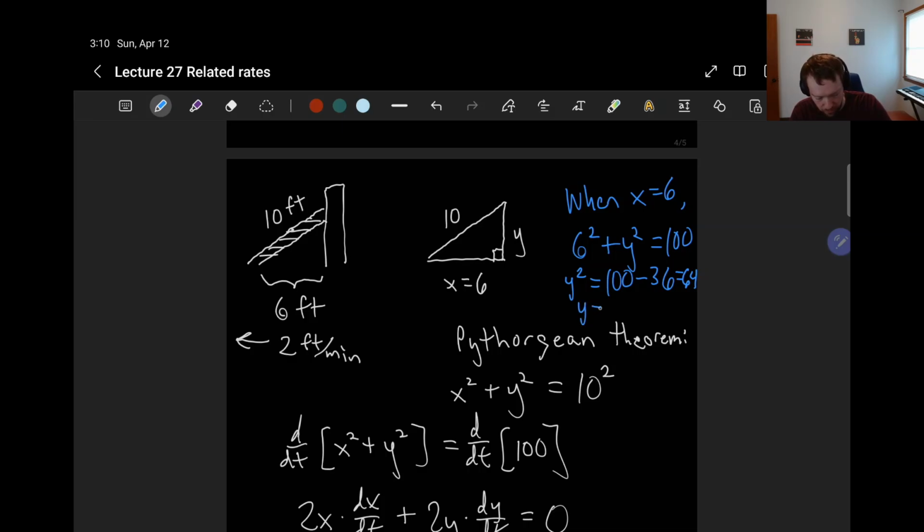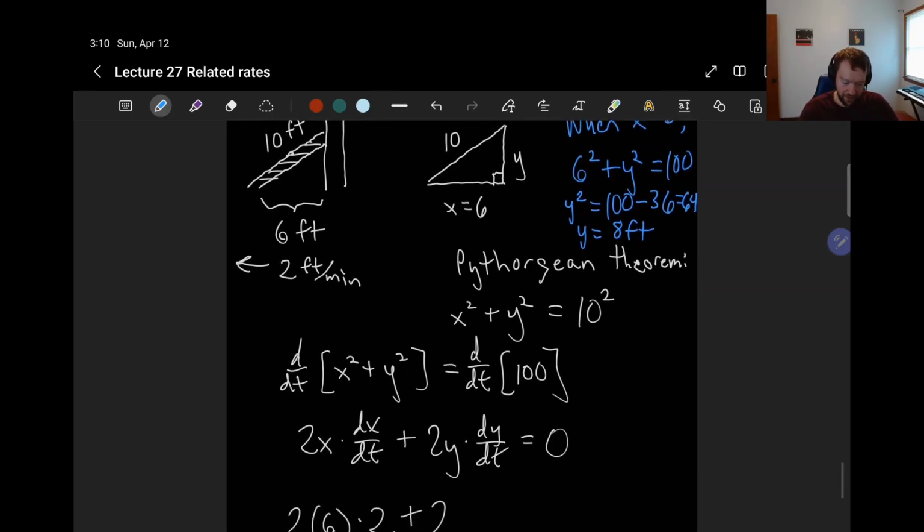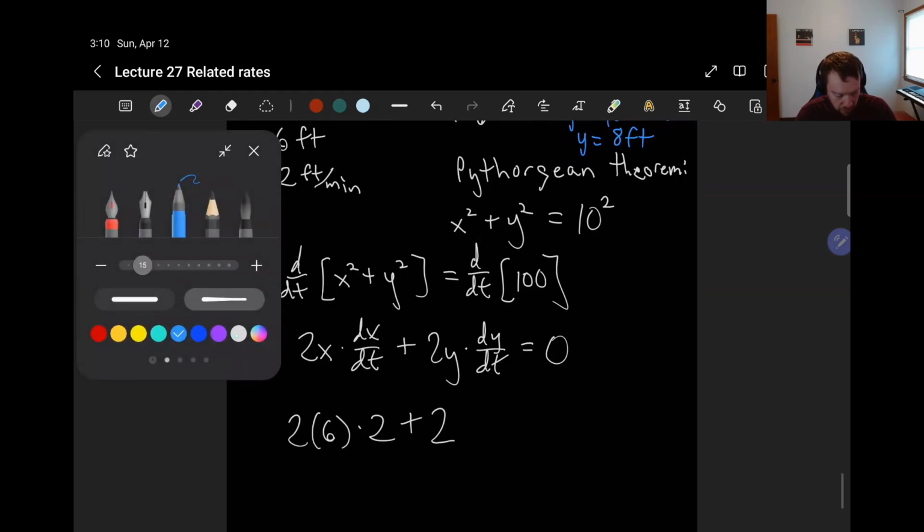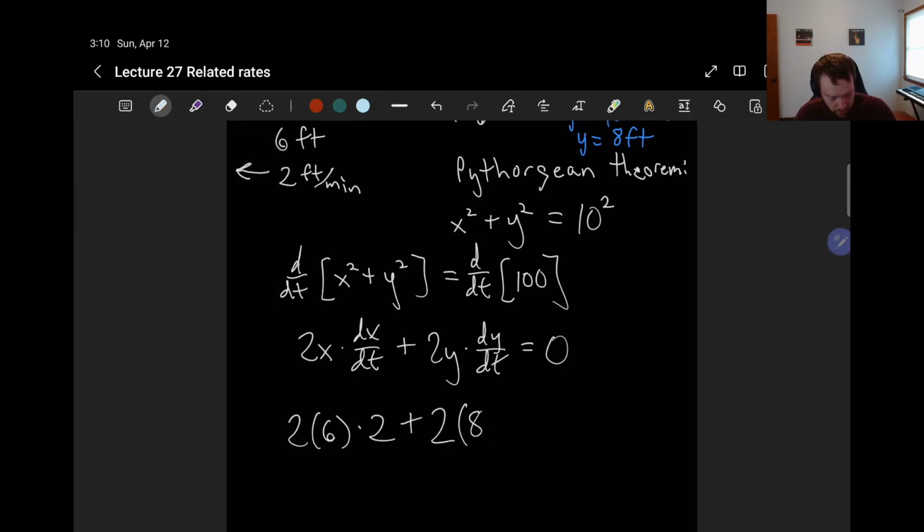And then take the square root. So that means when the base of the ladder is 6 feet away from the wall, based on how these relationships work, that means the top of the ladder must be 8 feet up the wall. So that's why we had to figure that out for ourselves. So sometimes you have to do that.